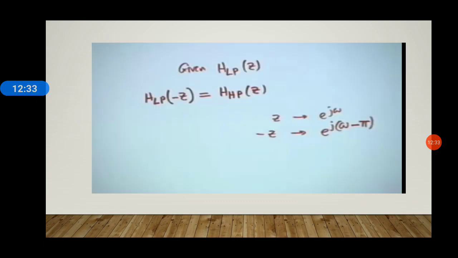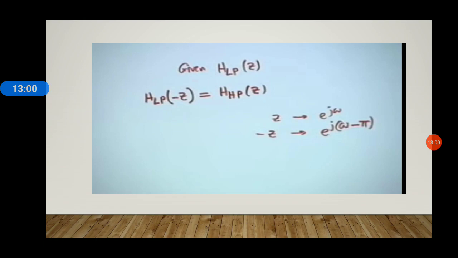From here we can see, if we compare the two simplest digital filters that we have studied, low pass and high pass, if we replace z by minus z in a low pass filter, what we get is a high pass filter. If we have an expression of a low pass filter, and in that expression we replace z by minus z, what we get is a high pass filter.